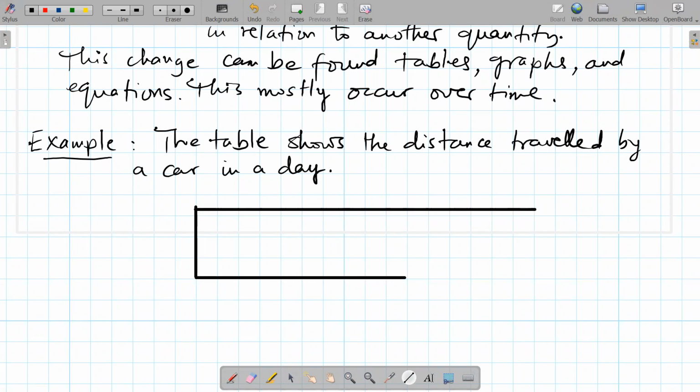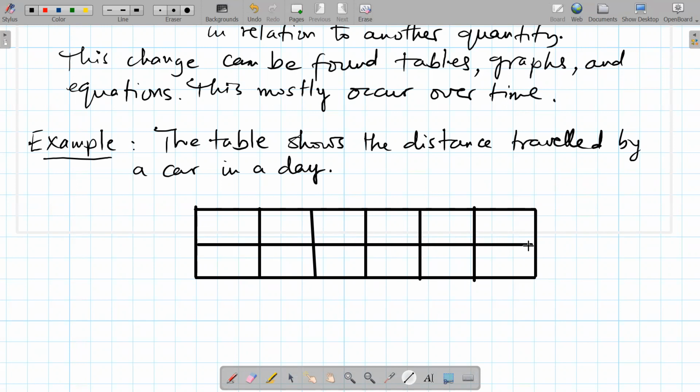And still 1, 2, 3, perfect. So this is the distance. The distance is going to be in miles. This is the time. Time here is in minutes.